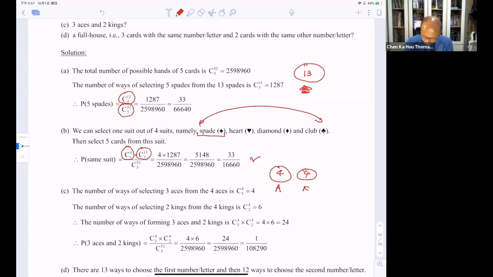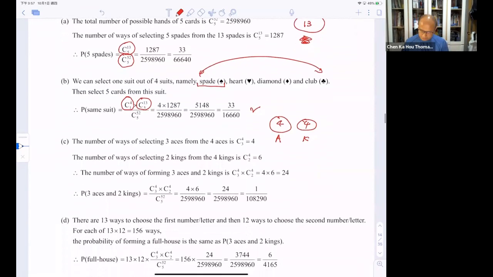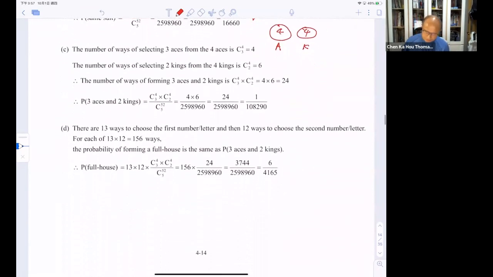D: a full house. What is a full house? It is 3 cards with the same number or letter and 2 cards with the same other letter. It is a bit complicated, right?